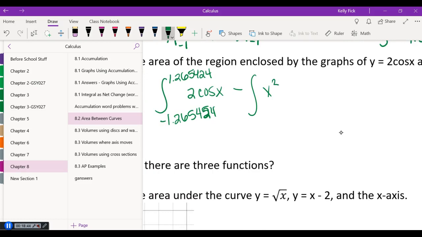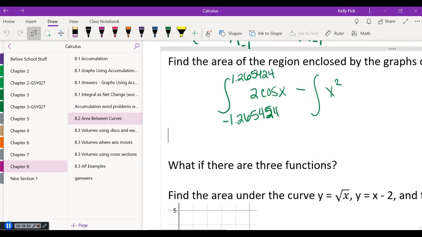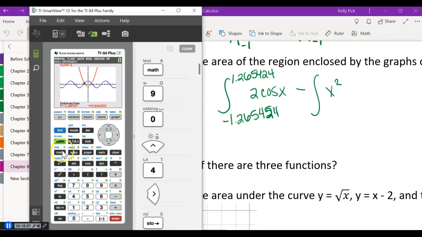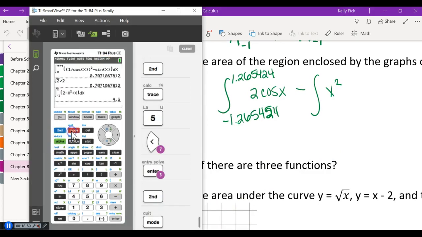Now, naturally, we don't know how to plug either of these into cosine of x, correct? So yes, I would say this is one that they'll definitely let you use your calculator. So I would get out of my graphing mode.